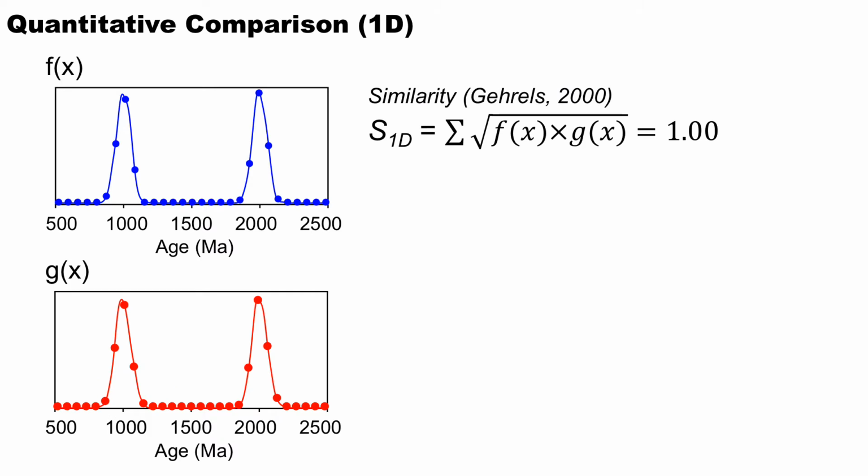For the one-dimensional quantitative comparison, it's actually quite simple. These one-dimensional distributions are not functions, but rather discrete arrays of points that share a common x-axis.